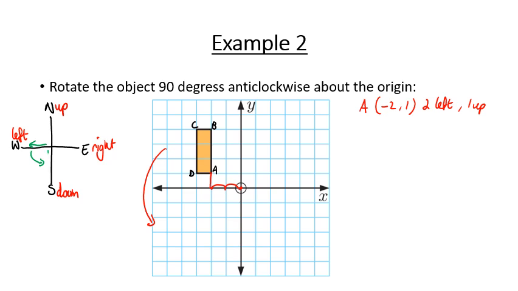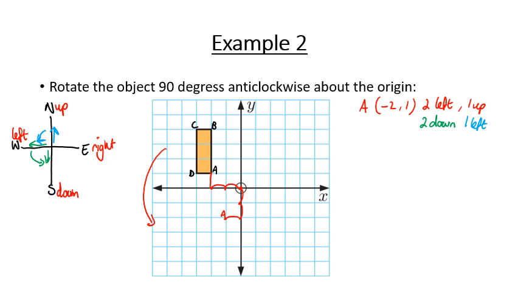So now, whatever was left is now down. Alright, so I'm now going to go for my A, 2 down, and instead of going 1 up, we've rotated 90 degrees, I now need to go left, and 1 left. If we do that from the origin, I end up going 2 down, 1 left, and that gets me my new A.